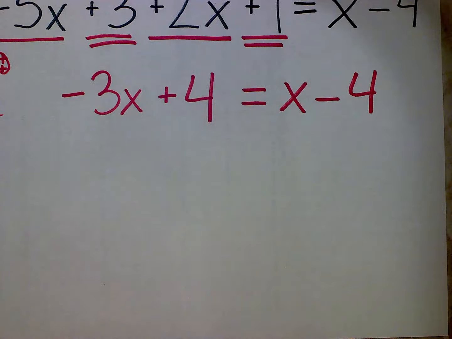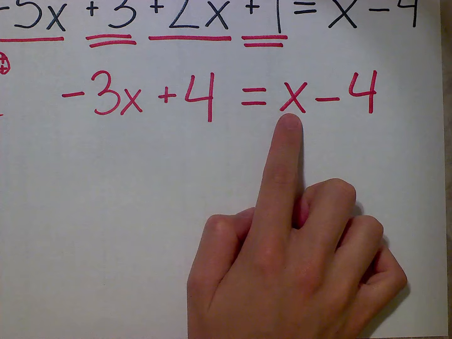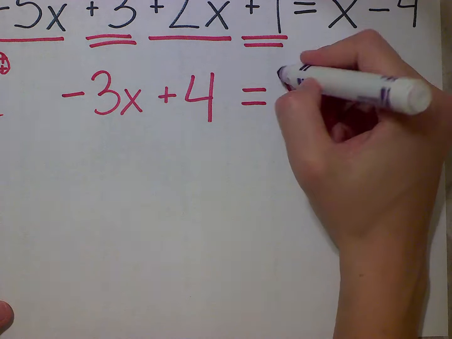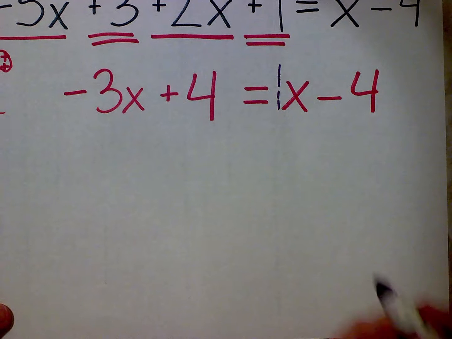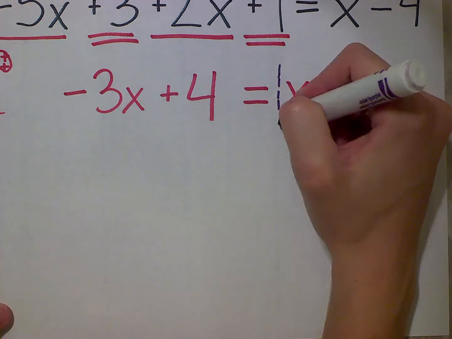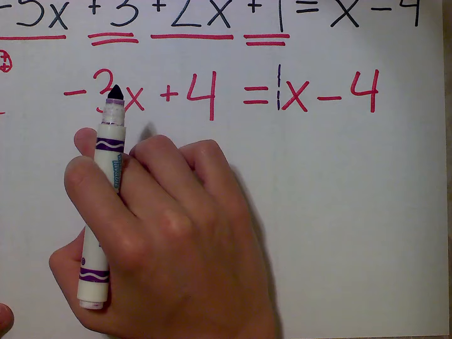Okay. So now I'm on to step 3. I'm going to cancel the variable term with a smaller coefficient. So what's the coefficient here when there's no coefficient? That's an imaginary 1, right? You can draw it if you want. Just fill it in. And then this is a negative 3. What's smaller, 1 or negative 3?